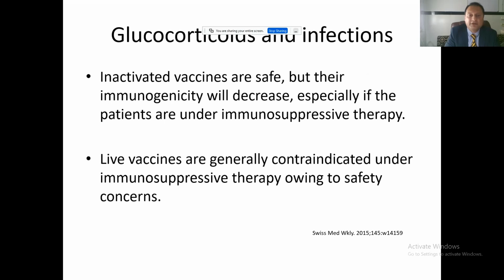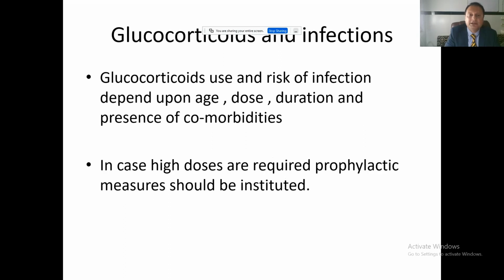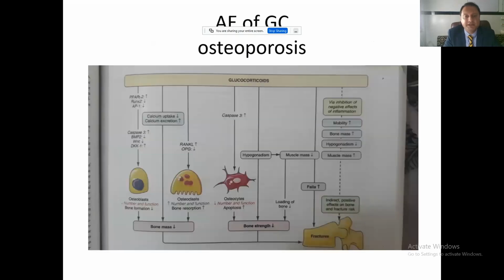Inactivated vaccines are fine, but their efficacy might be reduced as these patients would be on other immunosuppressives as well. Live vaccines are generally contraindicated under immunosuppressive therapy owing to safety concerns. The risk of infection depends on age, dose, duration, and presence of comorbidities. In case high doses are required, prophylactic measures must be taken.